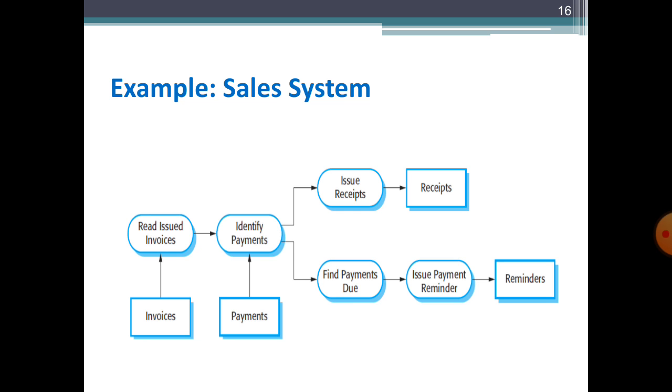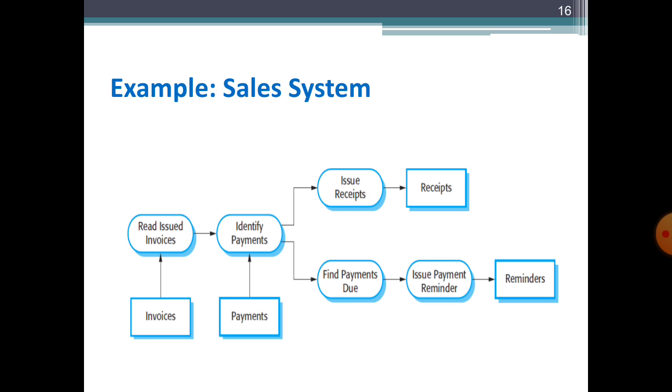Let's discuss a pipe and filter system used for processing invoices in this example, which we also call a sales system. If we look into this architecture of a sales system, used in a batch processing application as shown in this figure, an organization has issued invoices to customers.